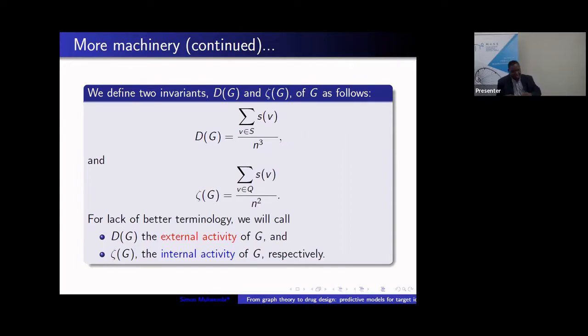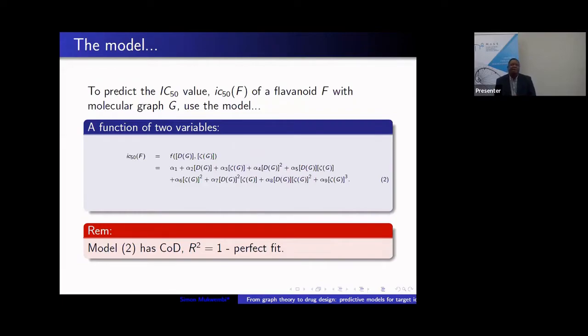Basically, we were saying what happens outside the church would probably differ a lot from what happens inside the church. So we put those two variables for each compound or graph together, and we used those two to develop a model that can predict the IC50 values of flavonoids.